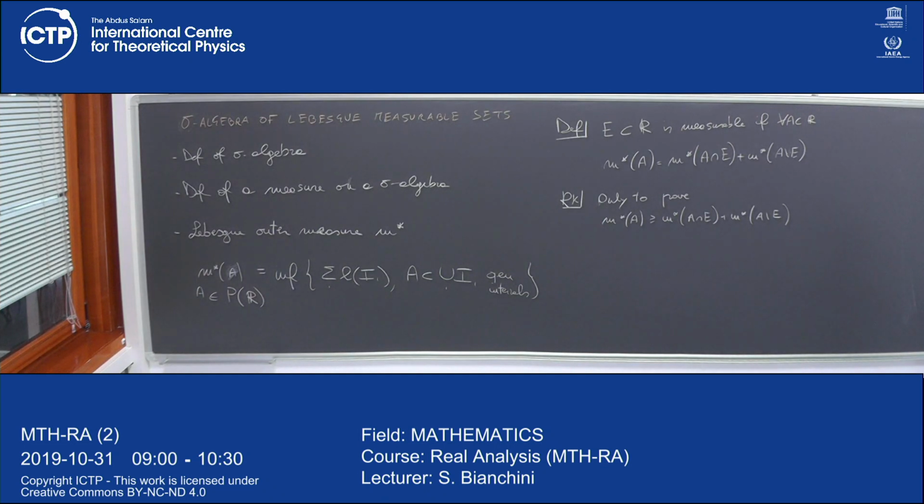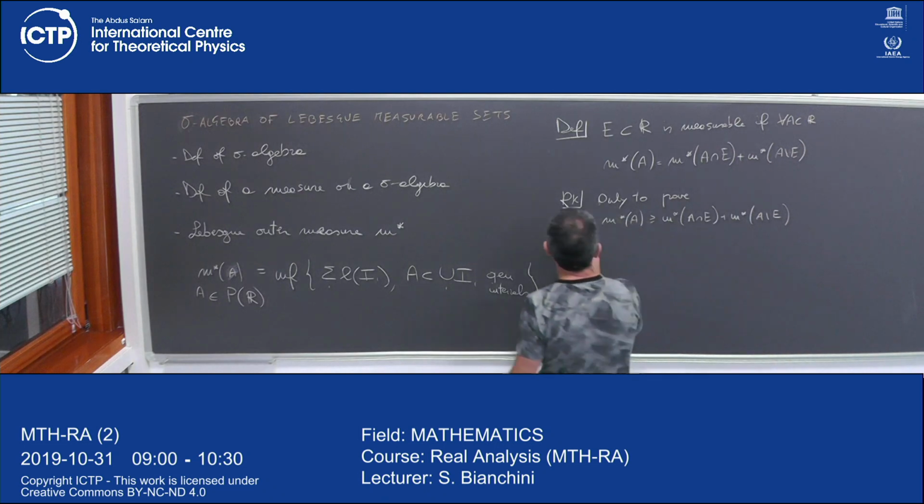So now the goal today is to prove that this definition of measurability generates a sigma algebra. And the outer measure restricted to this sigma algebra is our Lebesgue measure, the thing we were looking for.